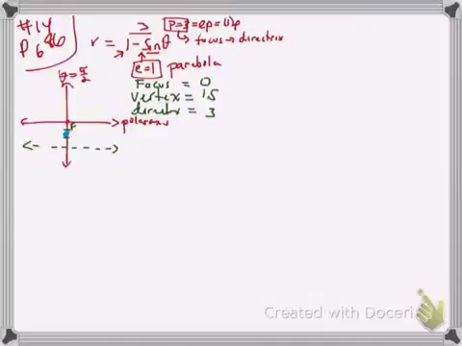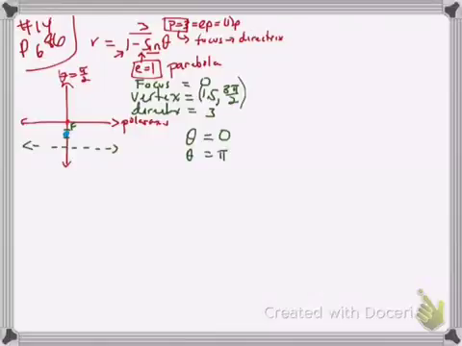Technically, this vertex is at 1.5, comma 3 pi over 2, and we put that in there. Now we just need 2 other points. The easiest points are when theta equals 0 and when theta equals pi, because sine of 0 and sine of pi are both equal to 0.